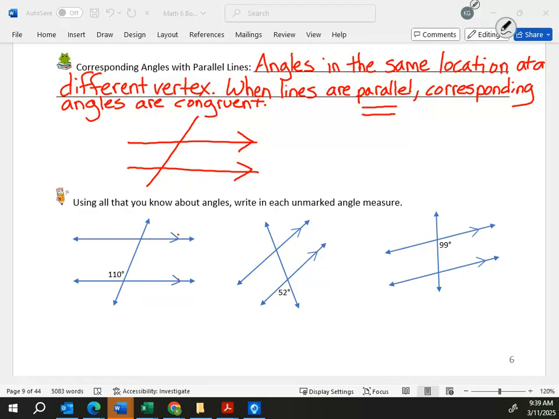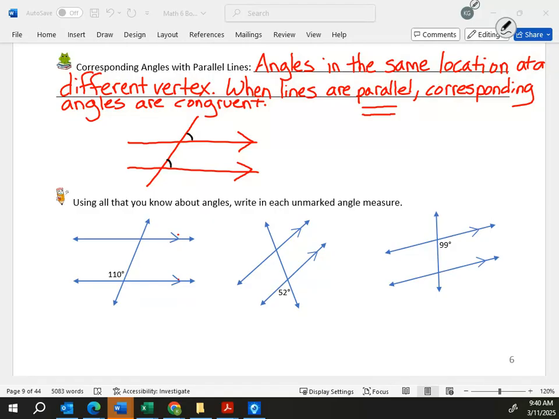So, this angle right here is to the right of our intersecting line and above the parallel line. So its corresponding angle down on this parallel line is going to be to the right of that intersecting line and above the parallel line. That's how we know which one it matches up with.